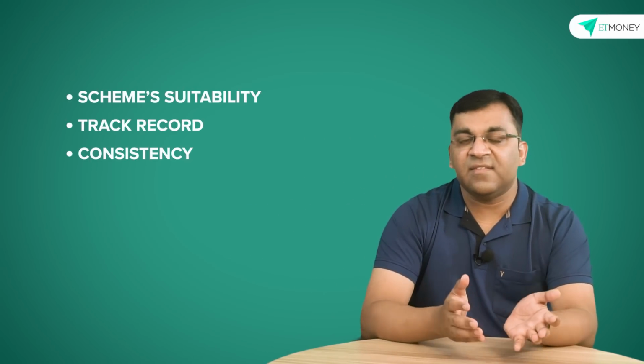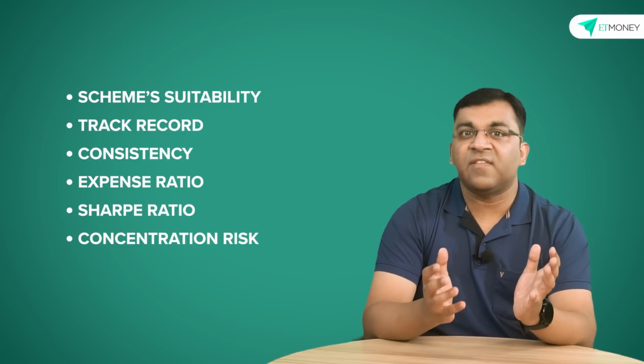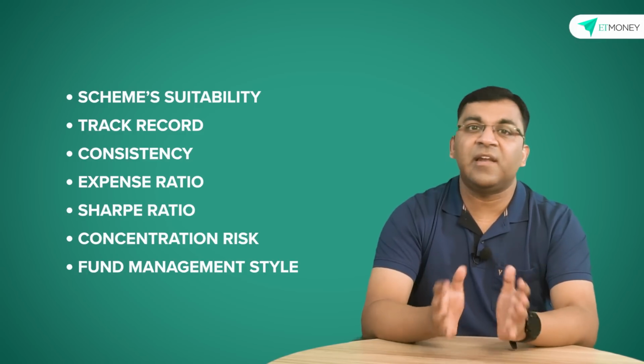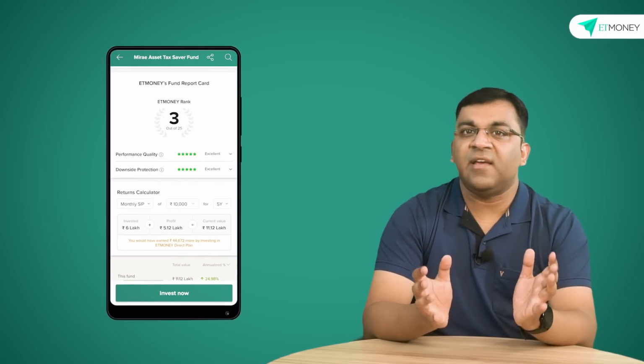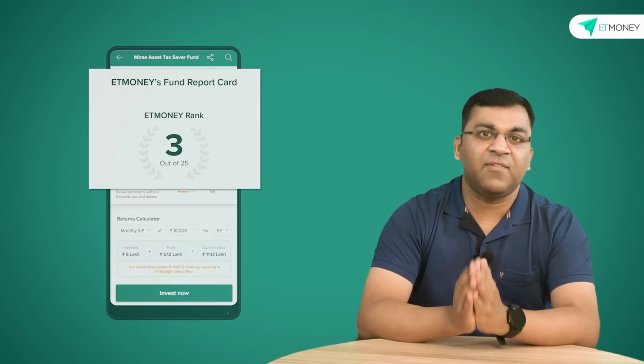So if identifying the right fund is your objective, then be sure to turn a blind eye to its NAV and instead focus your efforts on figuring out the scheme's suitability, its track record, its consistency, expense ratio, Sharpe ratio, its concentration risk, fund management style, and other relevant factors, all of which are reported and factored in the ETMONEY Fund report card that's accessible on our app and website.